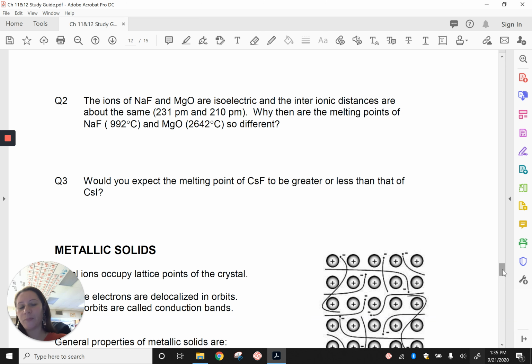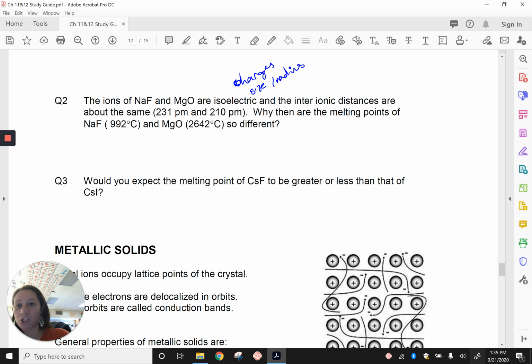And so if you remember, these Coulombic attractions have to do with the charges, and then also they have to do with the size or the radius of the ions, right? So the higher the charges, the more the attraction. Also, the smaller the ions, the higher the attraction.